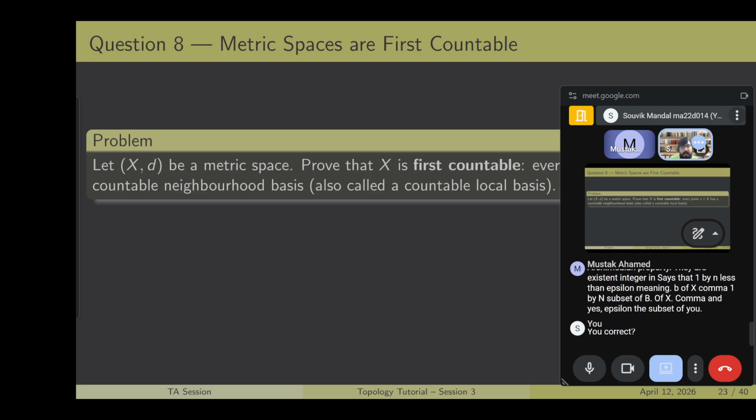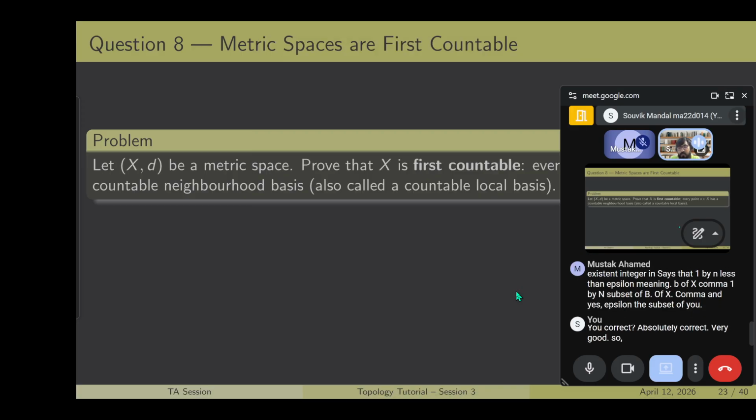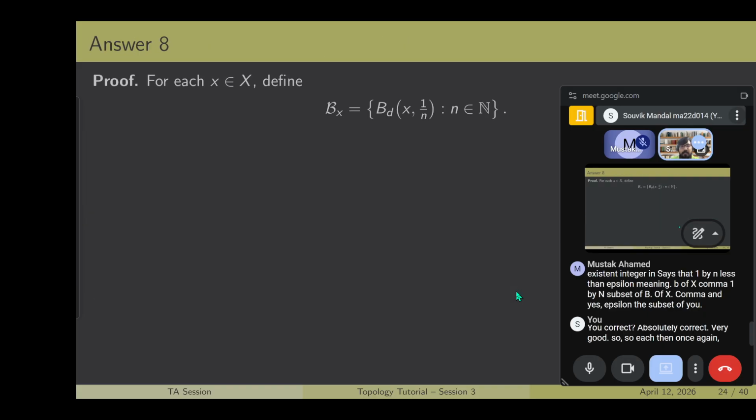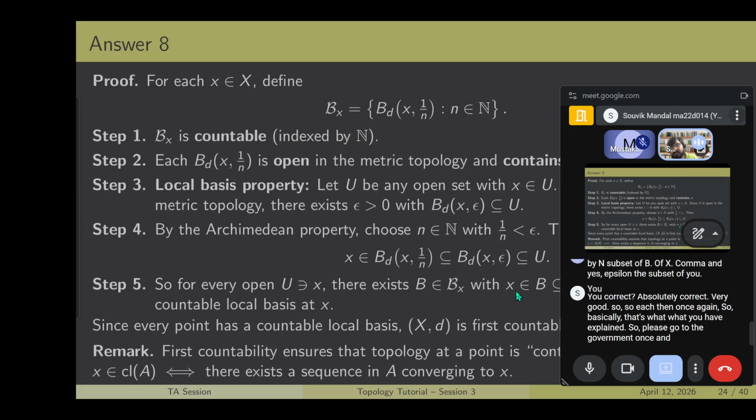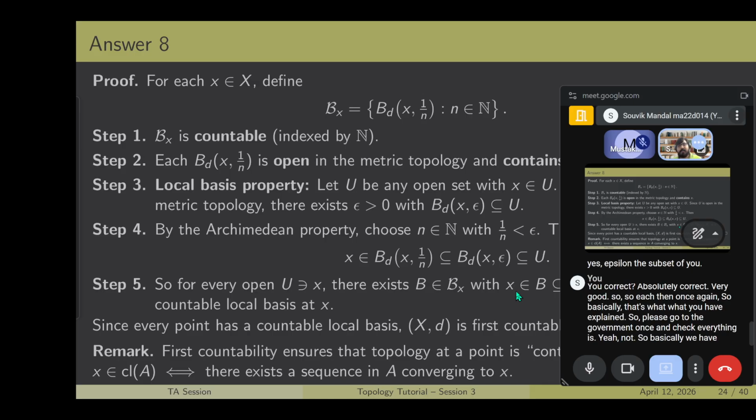Correct. Absolutely correct. Very good. So let me explain once again the argument. Basically, that's what you have explained. We have taken the metric d and we are considering the ball of radius 1/n around x, and we are considering all such balls B(x, 1/n).